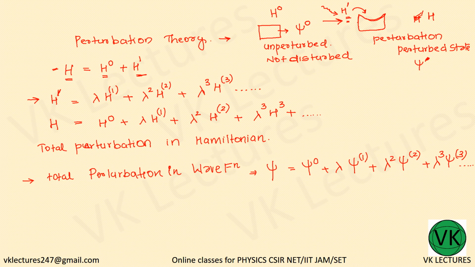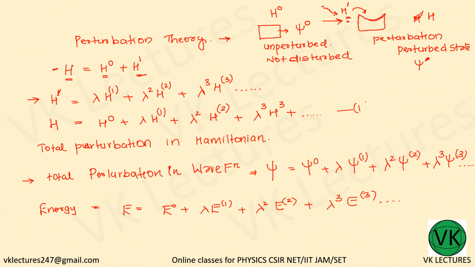So what about this energy? So total perturbation in energy, we can write as E is equal to E naught plus lambda times first order correction to the energy, plus lambda square times second order correction, plus lambda cube times the third order correction, and it goes on. So here is the total perturbation in Hamiltonian, the first equation.